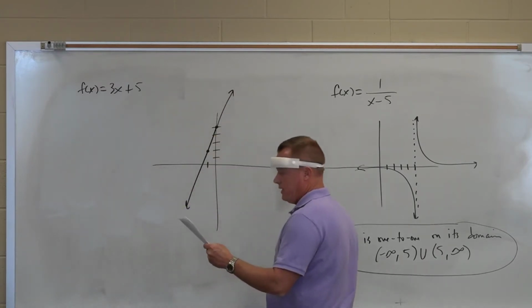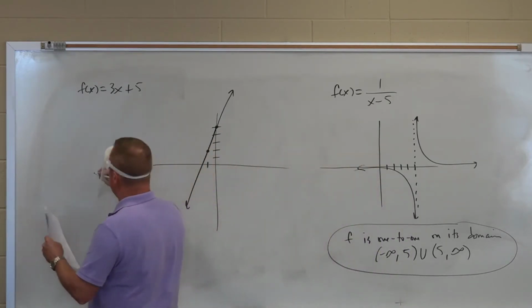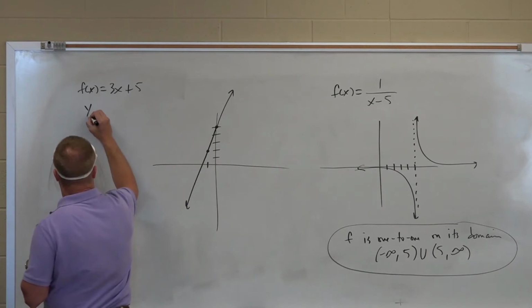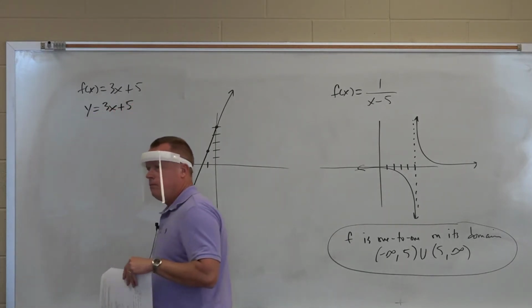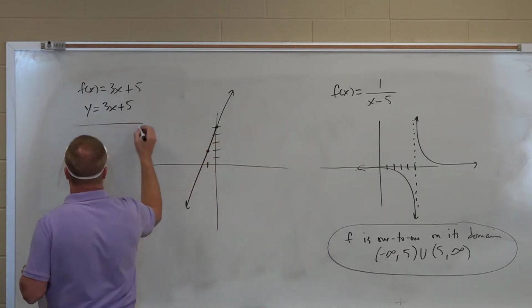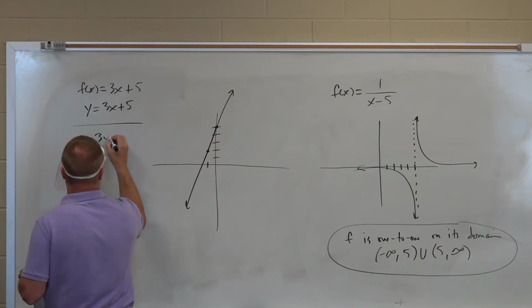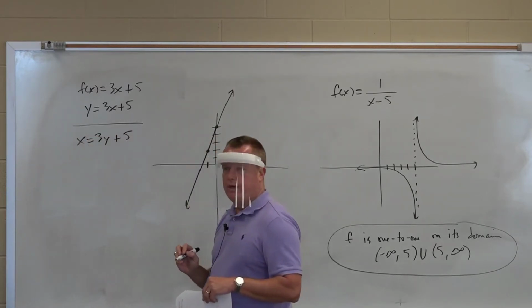Okay, there's that one. Now I want to find its inverse. It definitely has an inverse. So what I would do, first let's write y in the place of the f of x. Now I need to swap the x and the y's, and now solve that equation for y.